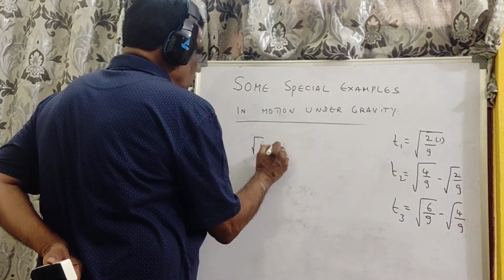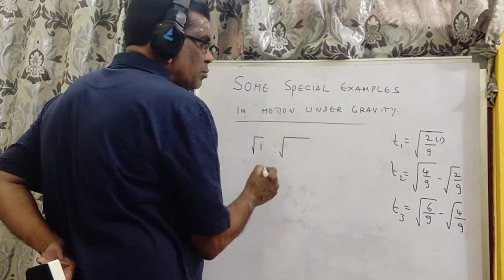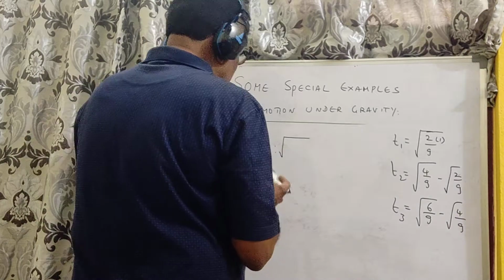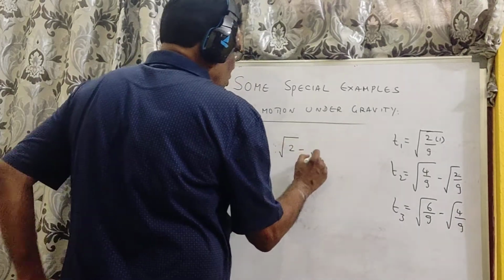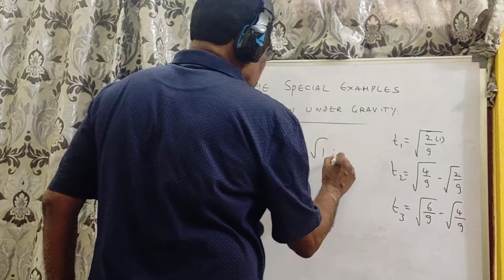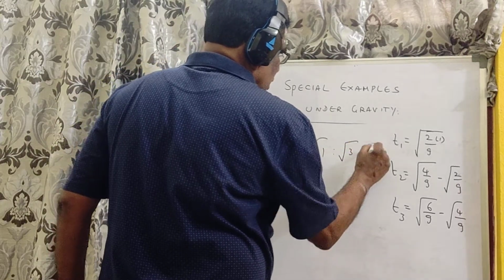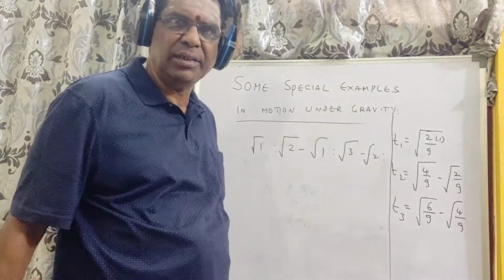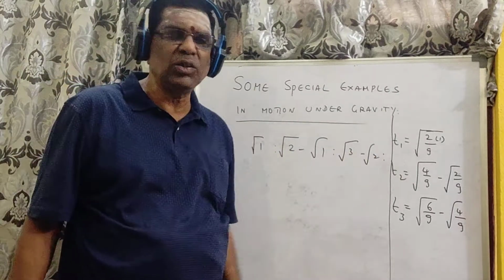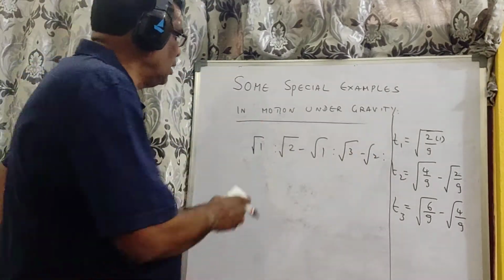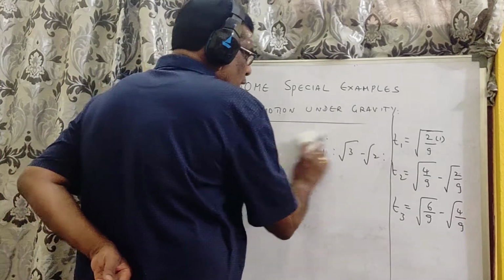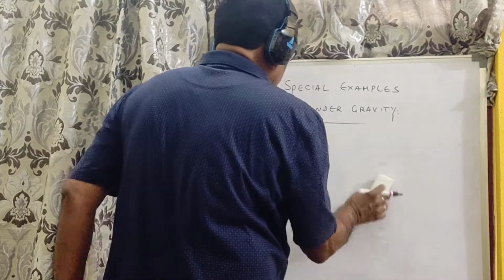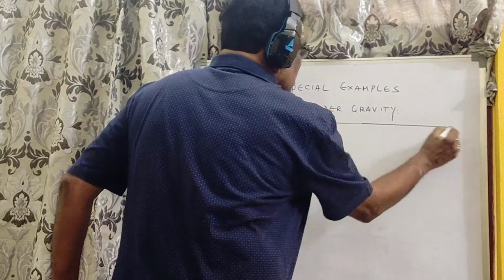So, therefore, root 1 is to root 2 minus root 1 is to root 3 minus root 2 is to, likewise, root 4 minus root 3. I am putting it in a sequential order so that you will never get a problem. This is as far as the times taken for the first, second, third, and subsequent meters is concerned.